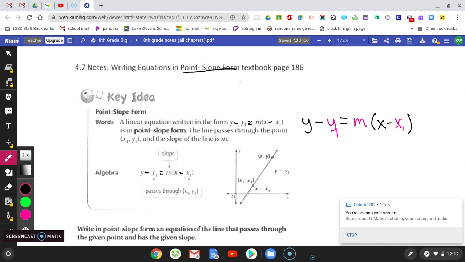Anything in pink, you are going to be replacing with something. Anything in black just stays as part of the equation. So you only need to have 3 pieces of information. This, of course, is going to be your slope. And then the coordinate point, x1, y1, is the point that they have given you, or a point that's on the line. So you're just plugging that in here and here.